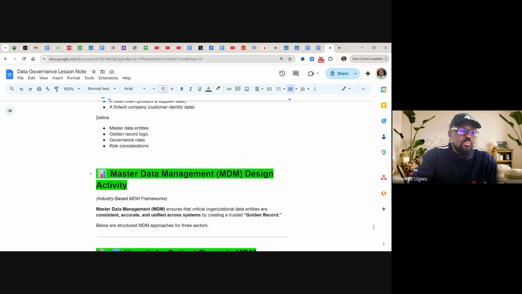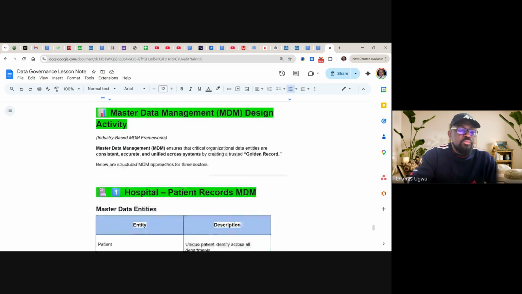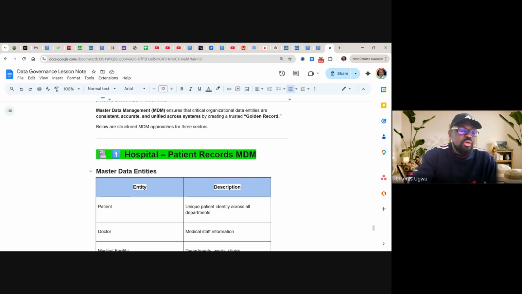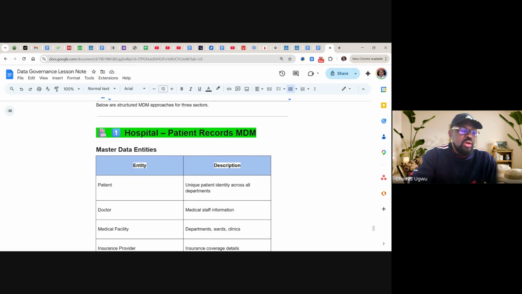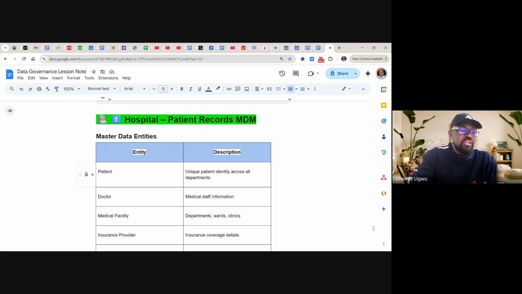So we start with hospital. Under hospital, master data entity, here we have patient. Under patient, this is a unique patient identity across all departments. Doctor. Under doctor record, we want medical staff information.